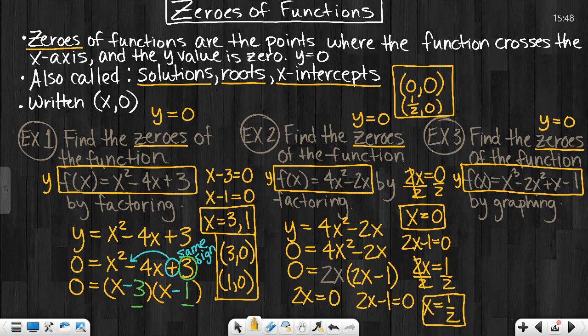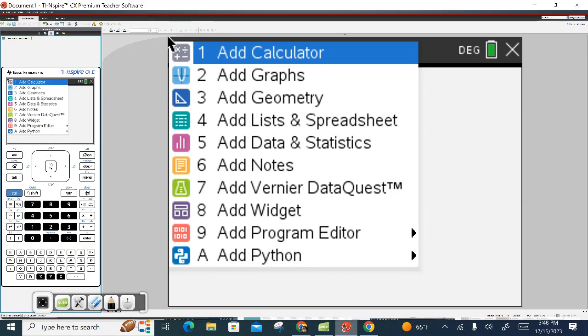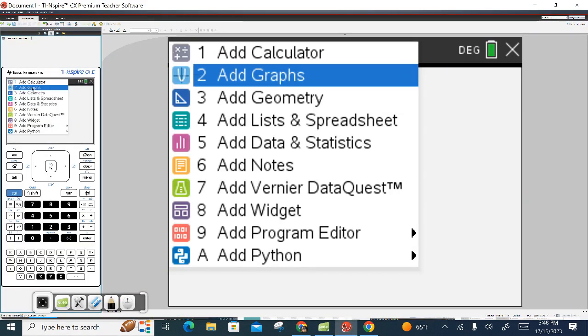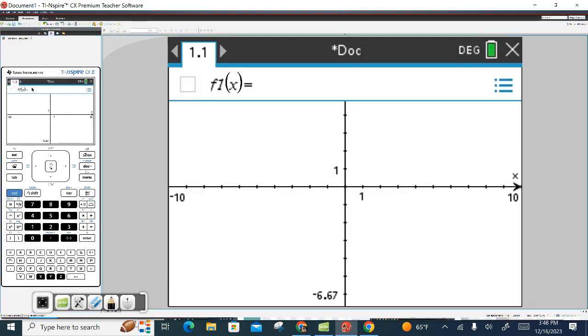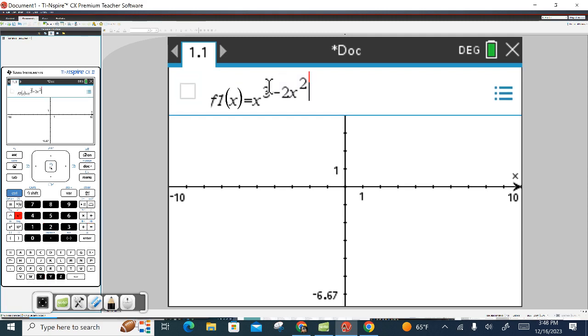So we have x cubed minus 2x squared plus x minus 1. So I'm going to go here. We're going to add the graph, and I'm going to type in x cubed minus 2x squared. Oh, and not like that.